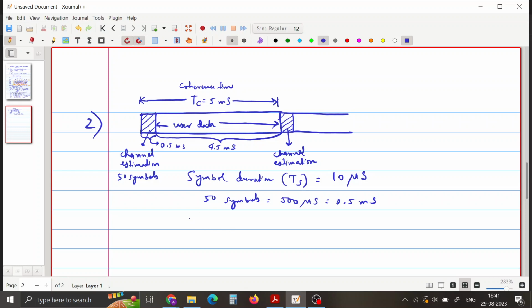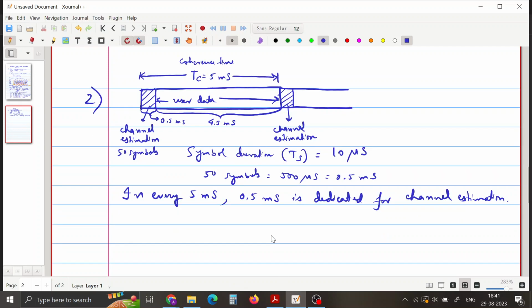Fine, good. So the observation is that in every 5 milliseconds, which is your coherence time, 0.5 milliseconds is dedicated for channel estimation purpose. Now we have all the tools basically.